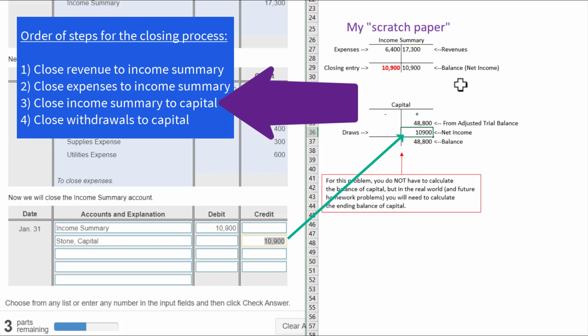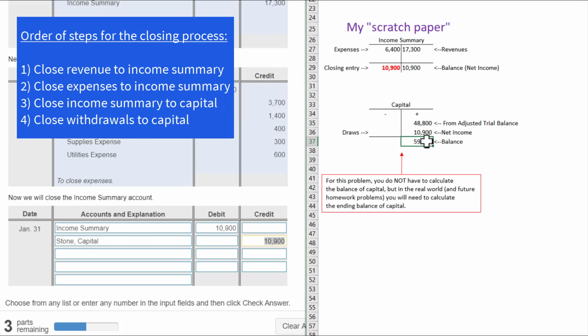And then watch what happens with the new balance. We now have a balance of 59,700. Again, we don't need this balance for capital in this problem. However, in future problems you will, and also in the real world, one of the main reasons you do the closing process is to calculate our new capital amount.